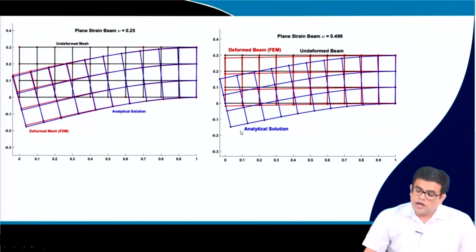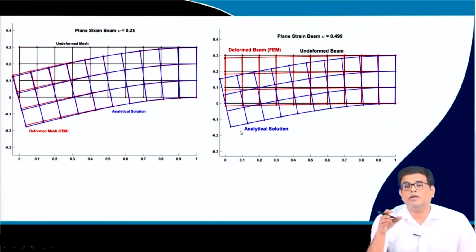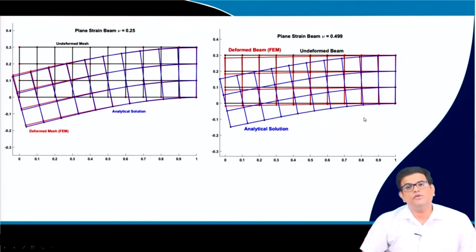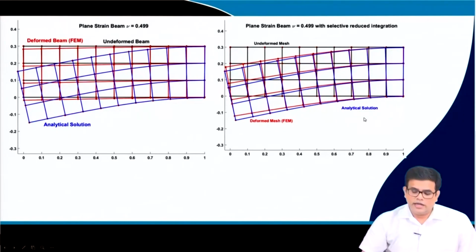The similar thing we observed when we discussed the shear locking problem in the case of thin aspect ratios, or when the thickness of the beam is very small. Now if, instead of full integration, I use the selective integration technique, you can see the result drastically improves.